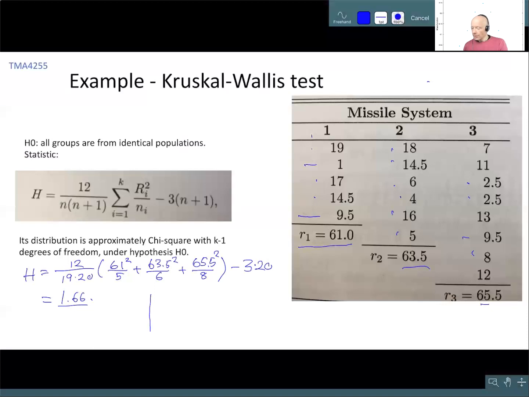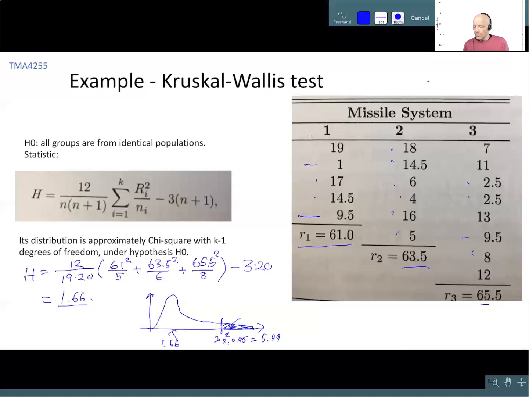If we look at the chi-square distribution as a density function, it looks something like this. And the chi-square 0.95 percentile is 5.99, which means that this is the rejection region for the hypothesis, and we end up somewhere here with 1.66.